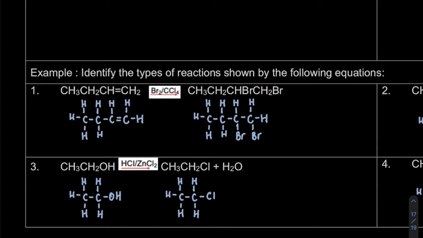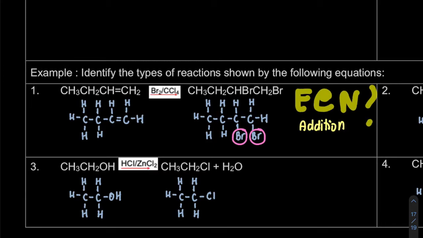The new thing is here. As you can see, suddenly we have bromine. From here we had a double bond, now we only have a single bond and we have the addition of bromine. So what happened here is an addition process. So I'm going to write down addition. But for the addition, do we have electrophile or nucleophile? Which type?